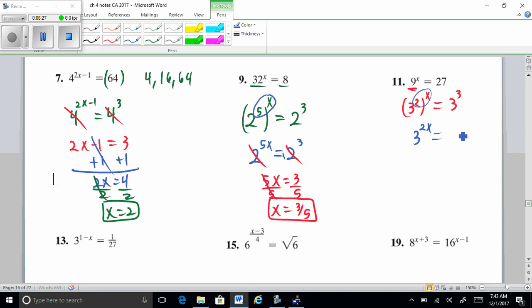And then right here, this is going to be 3 to the 3rd. Then now we can cancel those out. So 2x equals 3. And divide by 2, x equals 3/2. And there you go.